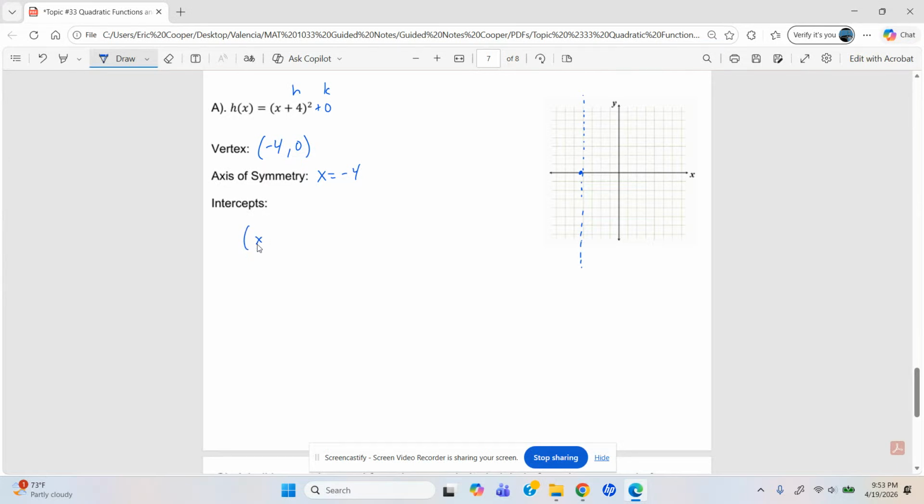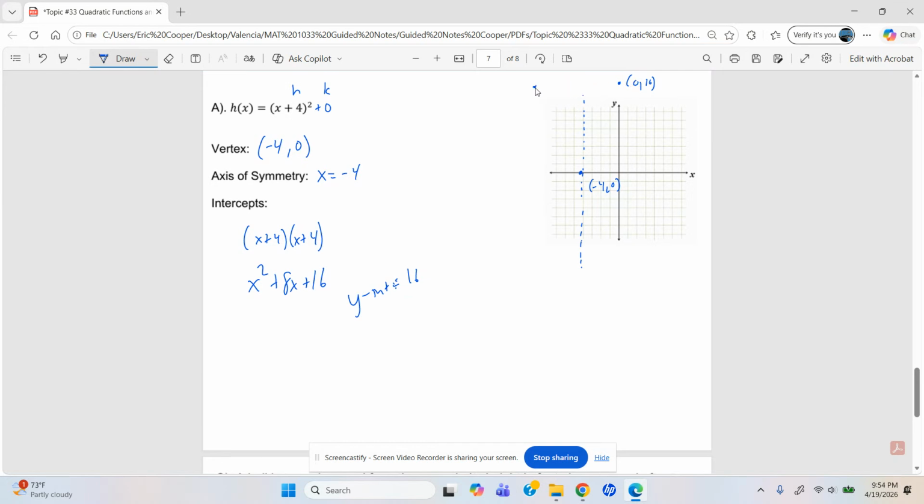Expanding this out, we have x plus 4 times x plus 4. So we have x squared plus 8x plus 16. So I know that then my y-intercept has got to be at 16. So my y-intercept is way up here at 0, 16. And because we know this is negative 4, 0, that means we also have a point 4 the other way. So from negative 4 to 0, that's 4 this way.